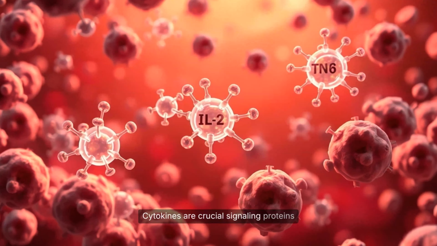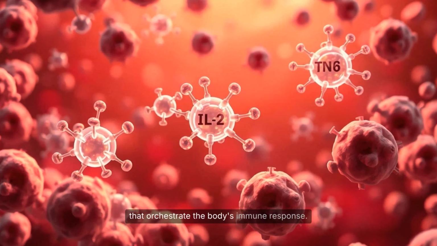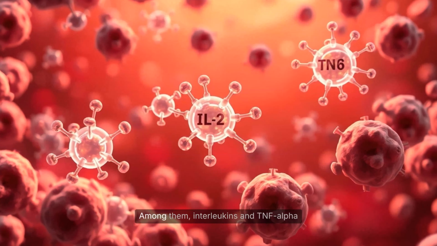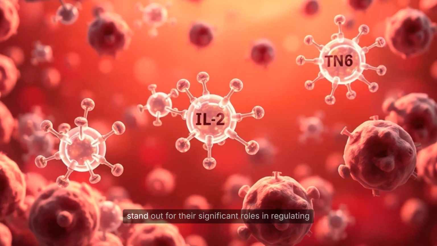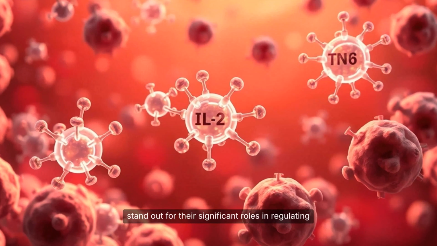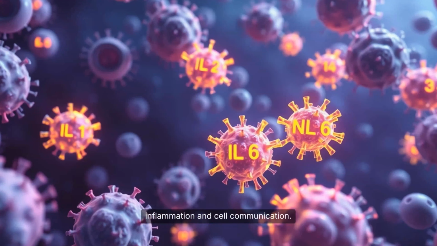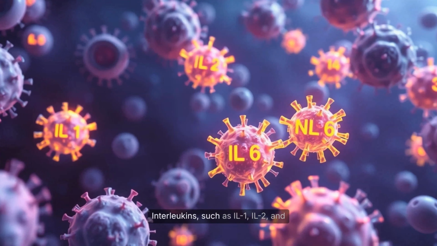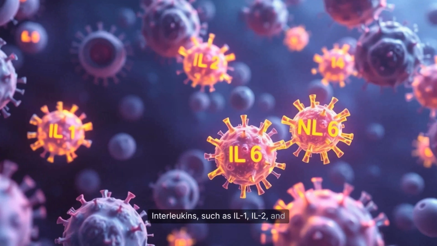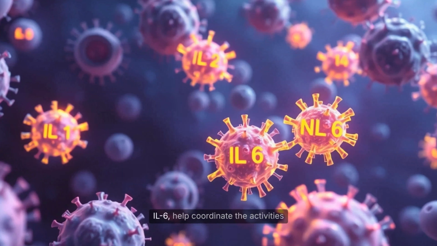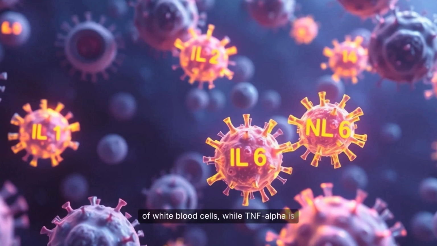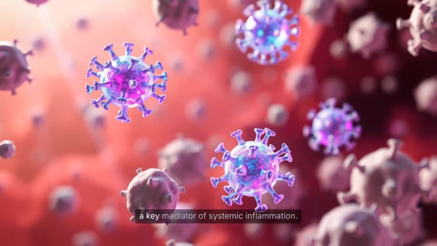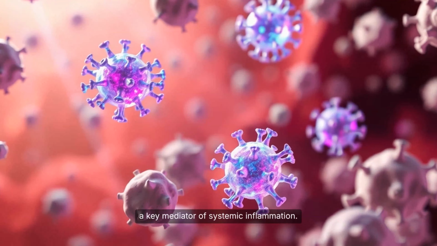Cytokines are crucial signaling proteins that orchestrate the body's immune response. Among them, interleukins and TNF-alpha stand out for their significant roles in regulating inflammation and cell communication. Interleukins, such as IL-1, IL-2, and IL-6, help coordinate the activities of white blood cells, while TNF-alpha is a key mediator of systemic inflammation.